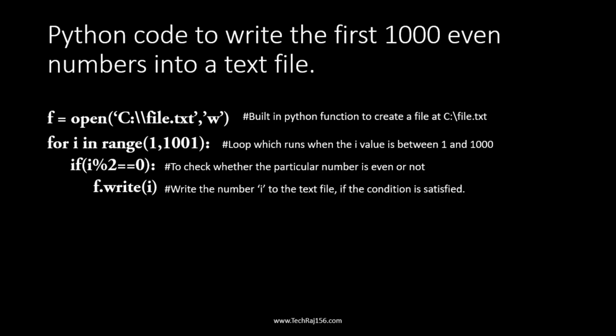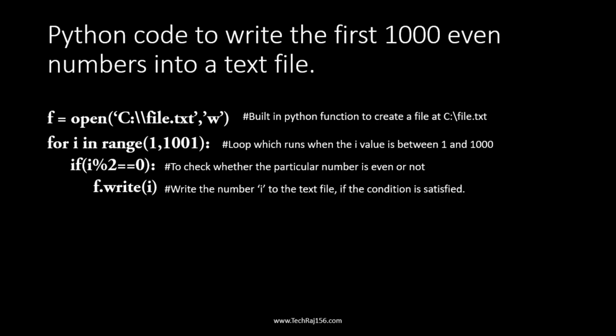If the condition is not satisfied, let's say if i mod 2 is not equal to 0, in that case the fourth line is not going to be executed. As simple as that. So you can remember the last line as it actually writes, or prints, or saves the value i to the text file.